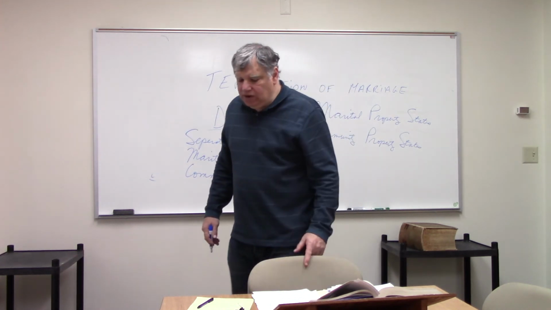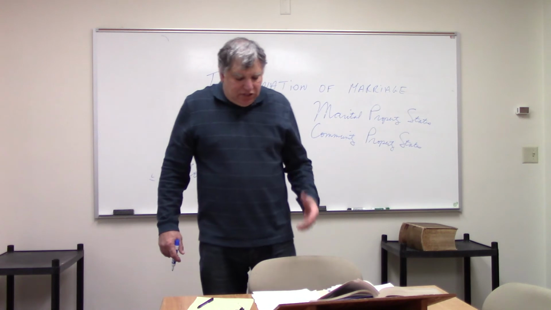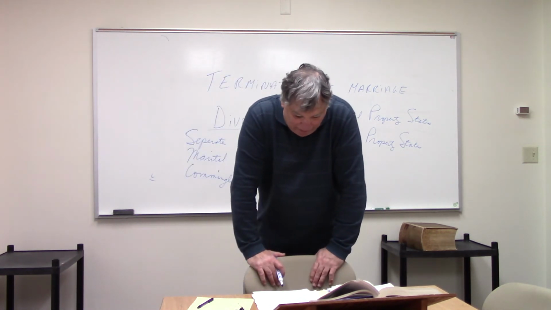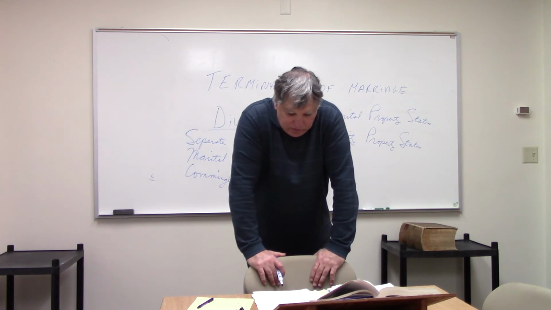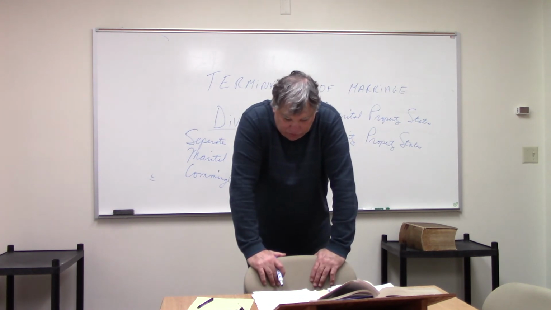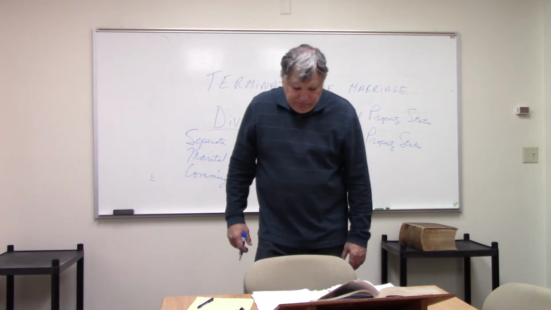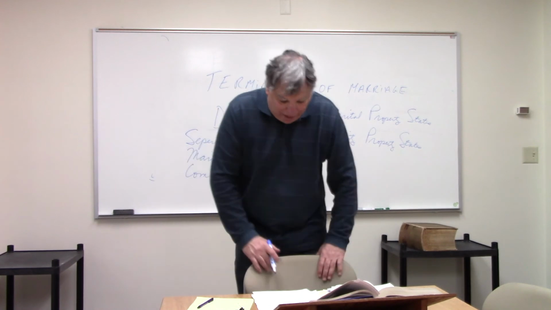And what maintenance or alimony is that one spouse is required to provide money or benefits to their former spouse. So the courts will generally determine how much per month and how long the payment should last.